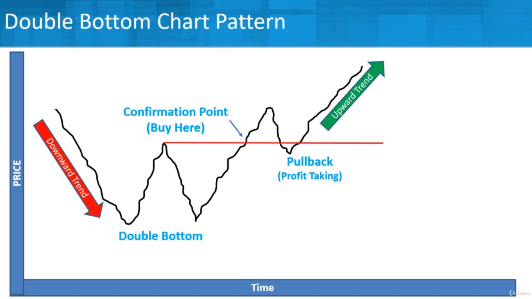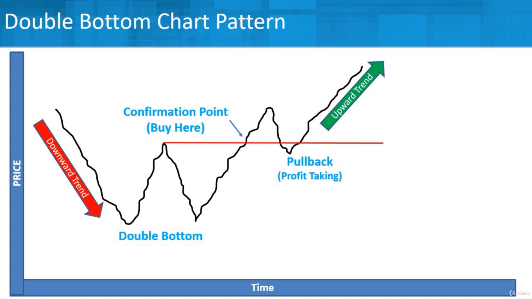What we're looking for now is the confirmation point. You could also call it a resistance line. If this was a rectangle, it would bounce off that resistance point and keep going back down and trade within a narrow channel. But when we have a double bottom, it's actually going to break through that point after the second bottom. And that's your confirmation point.